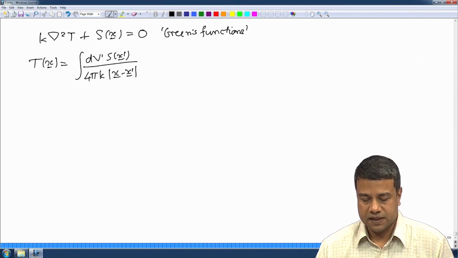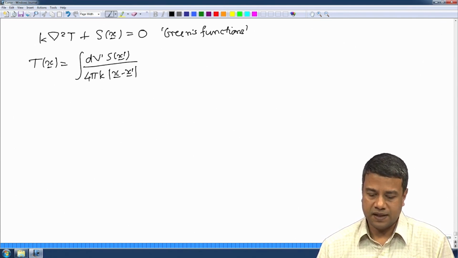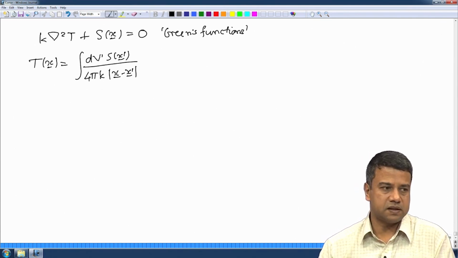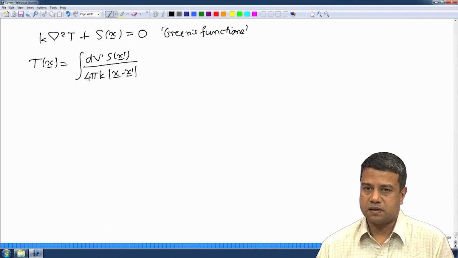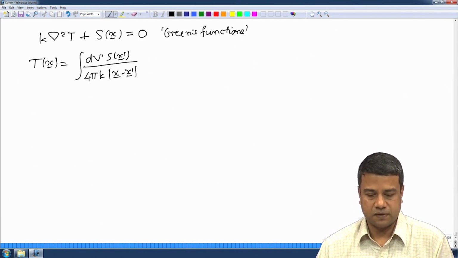X prime is the source point, x is the observation point. You are interested in the temperature at a given location x as a function of the sources that are there when there is a differential volume.